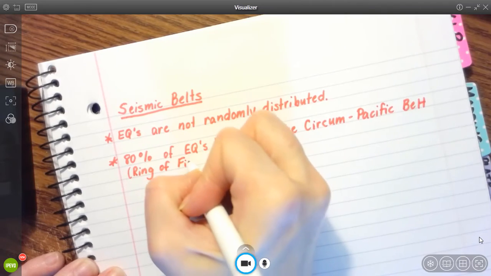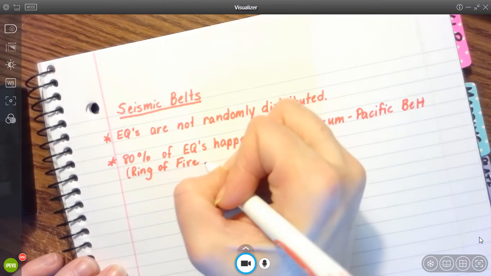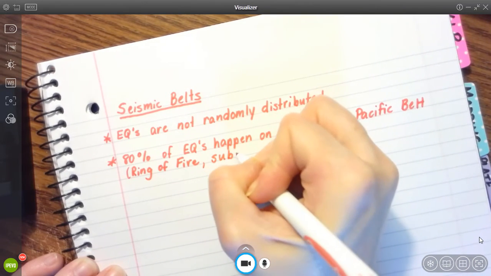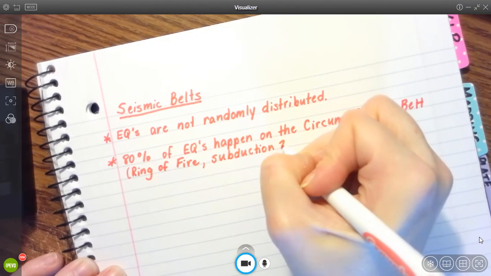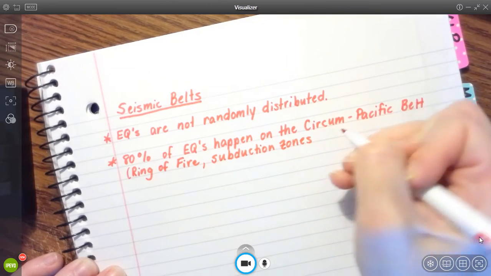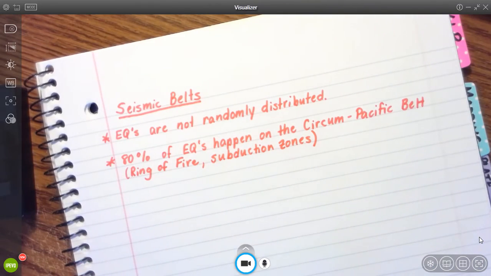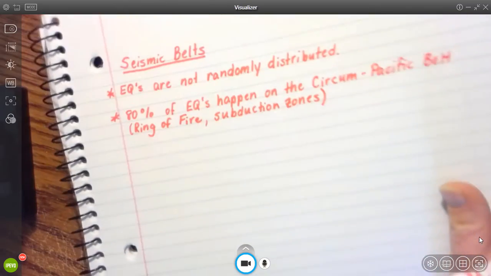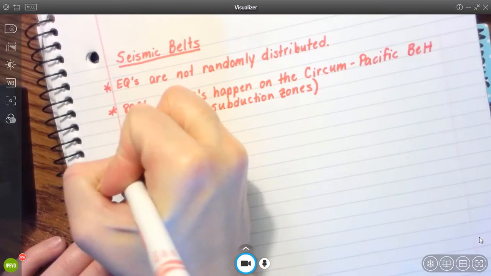So around the world, where you have a lot of those volcanoes that we learned about last chapter, you also have 80% of the world's earthquakes. Kind of makes you wonder why people live there. This is because those areas are where we find most of our subduction zones, places where one plate is being subducted under another plate. And of course that causes a lot of friction, which melts the rock, makes magma, makes your volcanoes, and it also causes a lot of earthquakes because you have movement of the Earth's plates at those places.